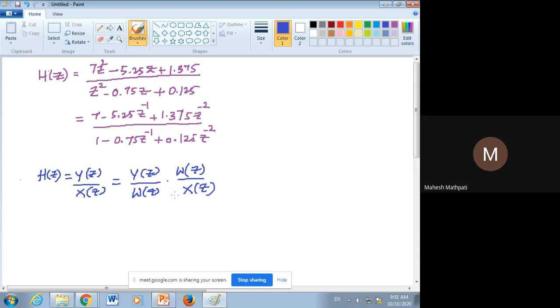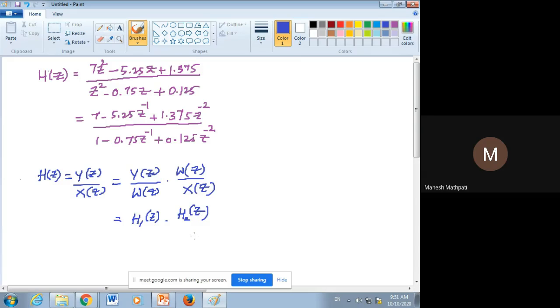So what I did is, I have just divided and multiplied this equation by W of z, whatever you want to call it, so this equals H1 of z into H2 of z. This is our requirement.